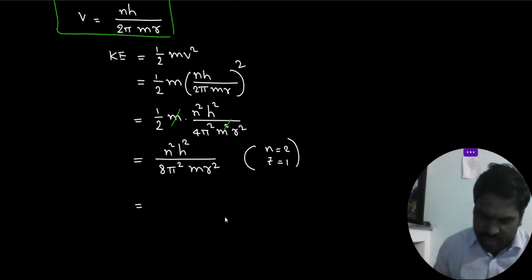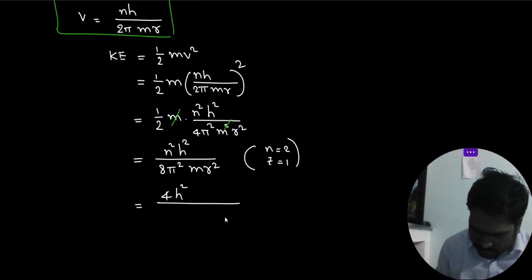So in the place of n we can take 2. 2 square means 4 h square by 8 pi square m. In the place of r we can take 0.529 n square by Z angstrom.